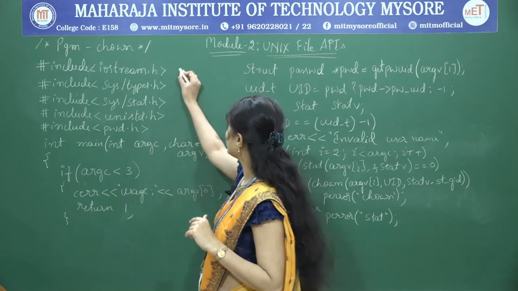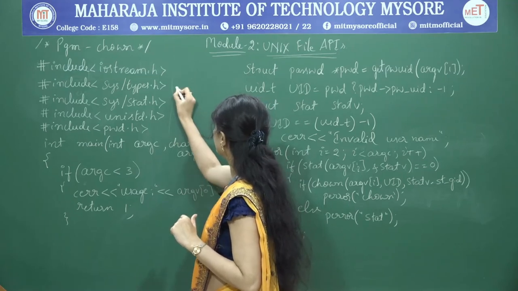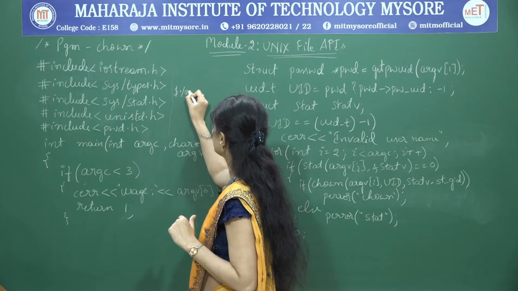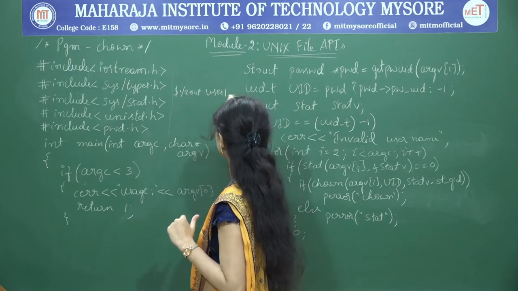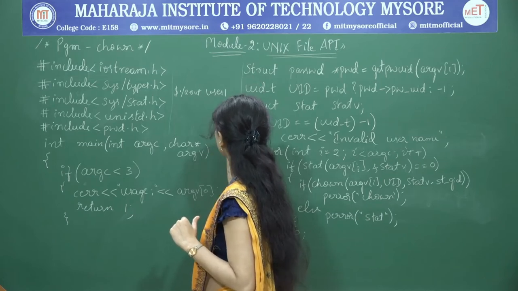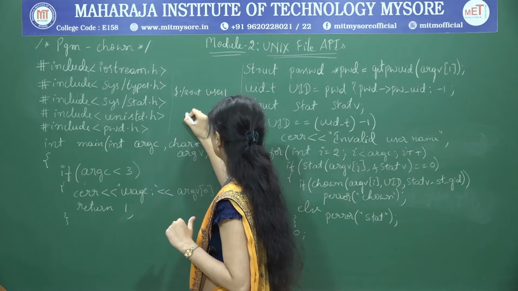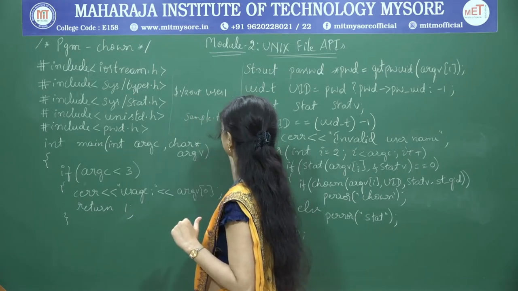For this, during the execution, I can give the input like this. I will write the command here: ./a.out followed by the username and then the name of the file. Let it be sample.txt.